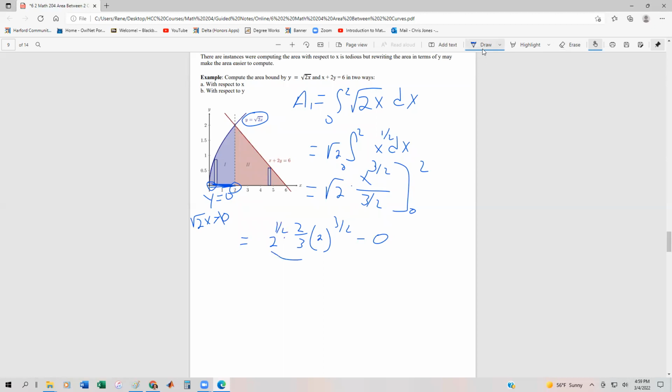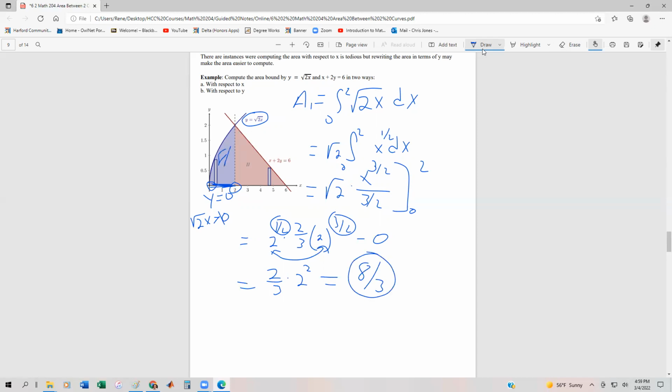And notice that we have a 2 and a 2 right here being multiplied. It's all multiplication. So we would just add these two exponents together. And so this would actually be 2/3 times 2 to the 1/2 plus 3/2, which would be 4/2, which is 2. So ultimately, this would wind up being 8/3.